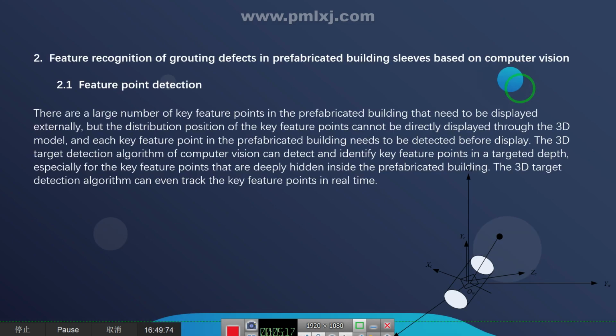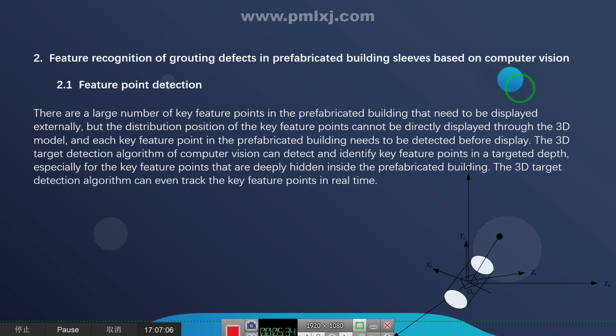2. Feature recognition of grouting defects in prefabricated building sleeves based on computer vision. 2.1 Feature point detection.